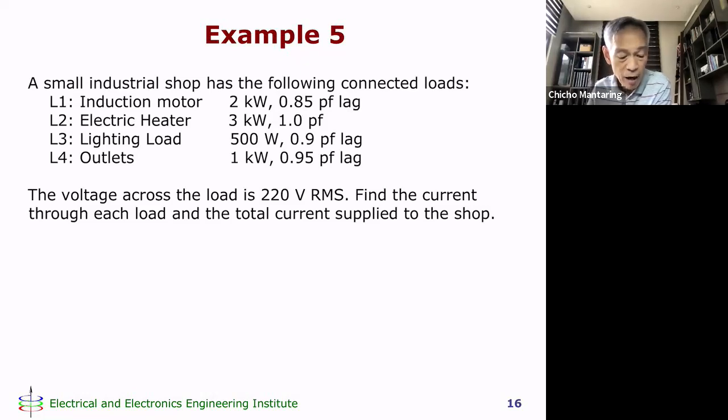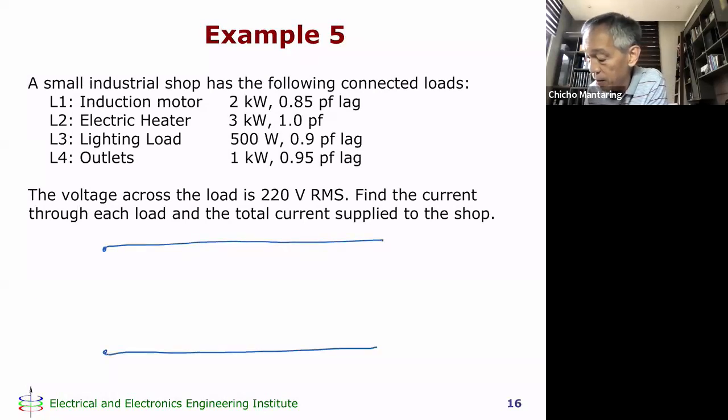So how does this scenario look like? First of all, I have my 220 volt line. This is my 220 volt line. Okay, so assumption is this comes from Meralco. And this is 220 volts RMS.